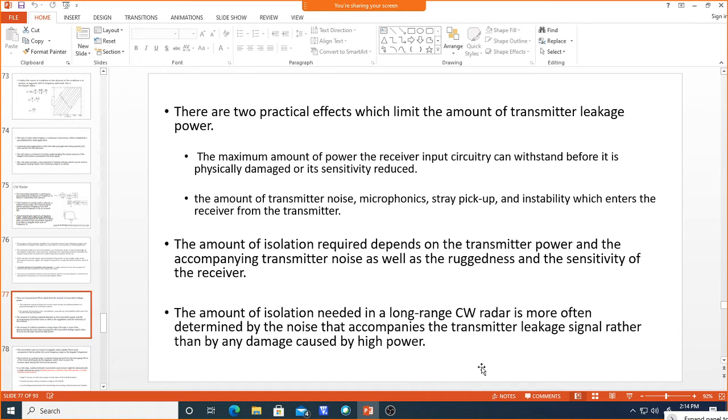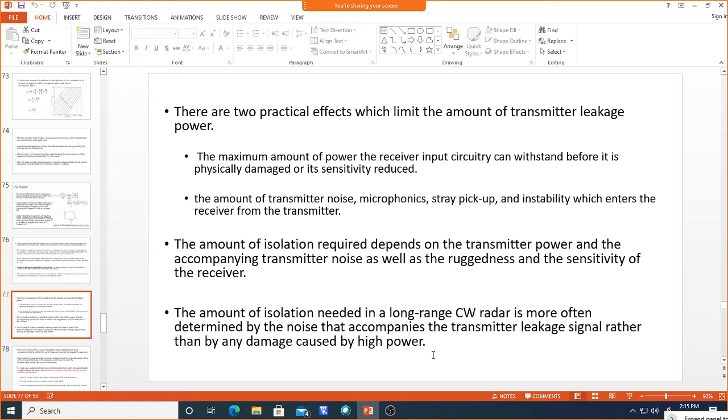Now the amount of isolation needed in a long range continuous wave radar is more often determined by the noise that accompanies the transmitter leakage signal. For a long range radar we need to send more transmitter power, so there will be more noise.